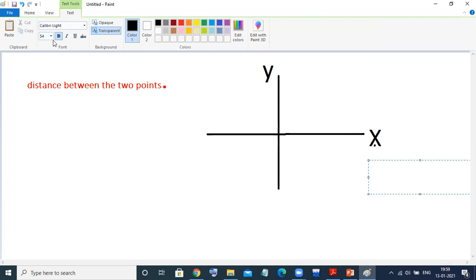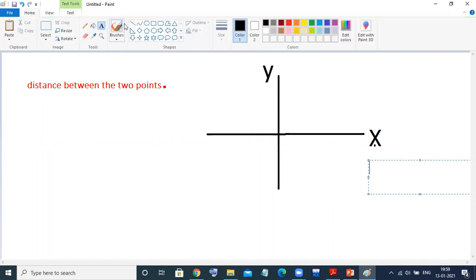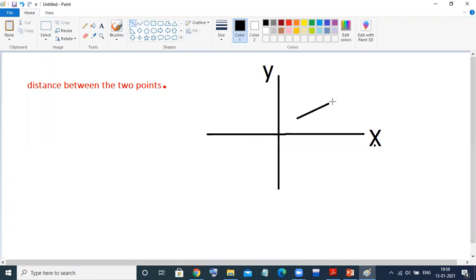Now, suppose I want to calculate a distance from, for example, some x and y position. This point will be located in some particular location. Just for the example, I'll take the help of this brush here.